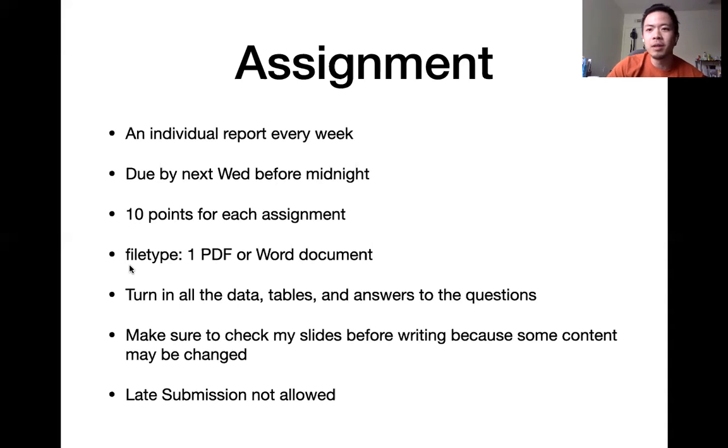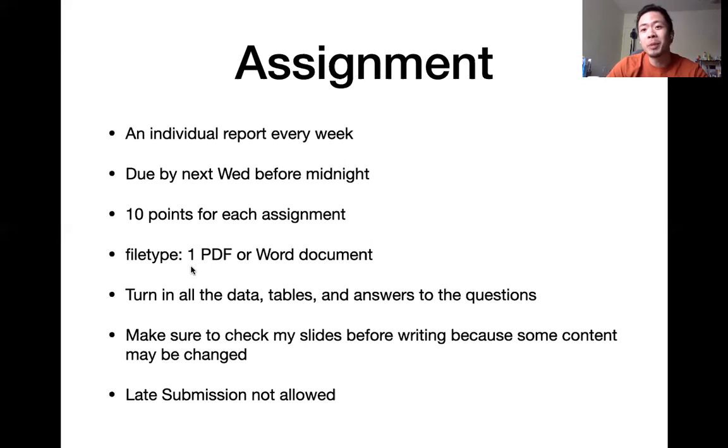It's a file upload on Canvas. You don't need to submit any paper sheet to me. Everything will be electronic. I would prefer a PDF document, but a Word file is acceptable. Sometimes you need to provide your calculation process and the equations you use.